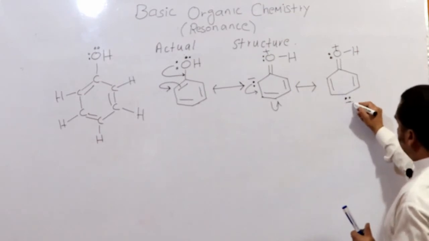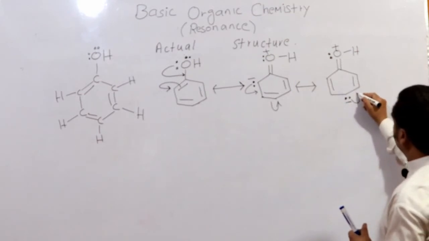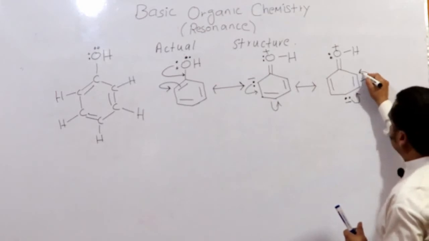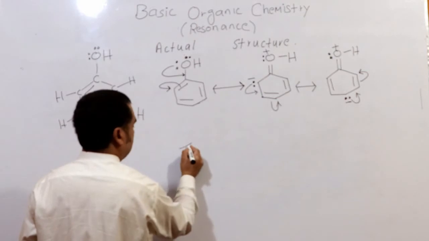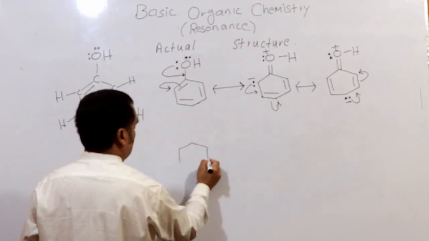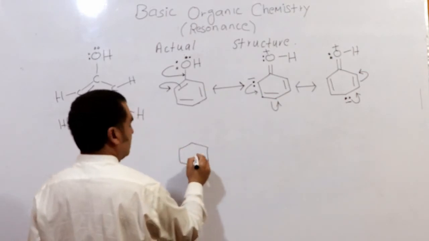And in the next structure, what happens? These lone pairs, they just move here and sit here. So I should write this structure here because of the space.